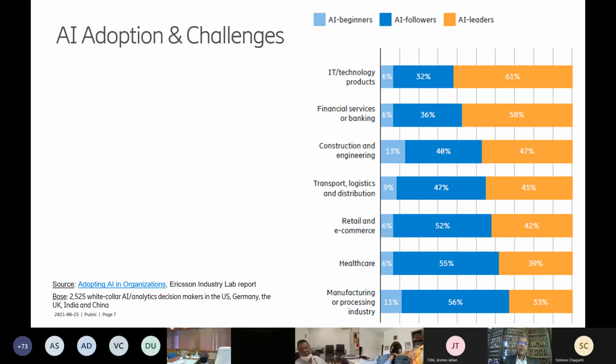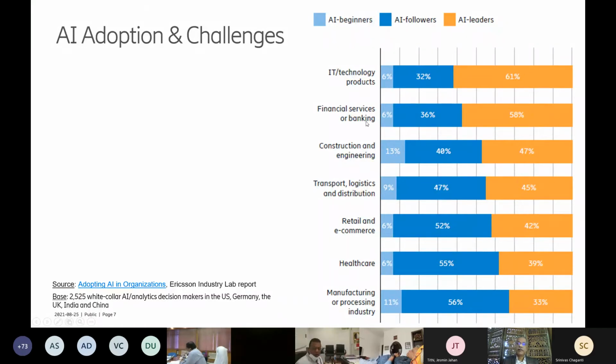These folks told us about their view of where AI adoption is, whether it is in a leadership position, a follower role, or just at an early stage. You can see that in our industry, IT, information technology and technology products, not surprisingly, the adoption is the highest and the most players are in the leadership bucket.